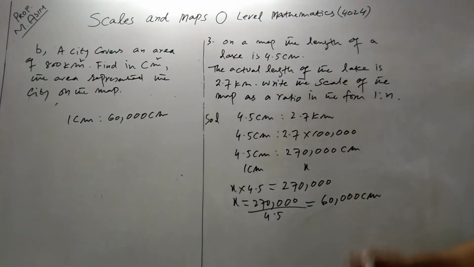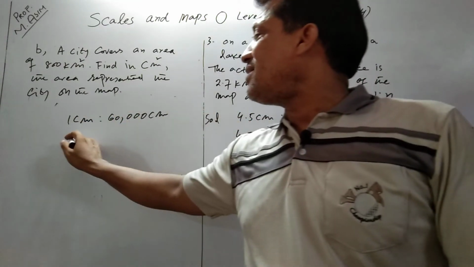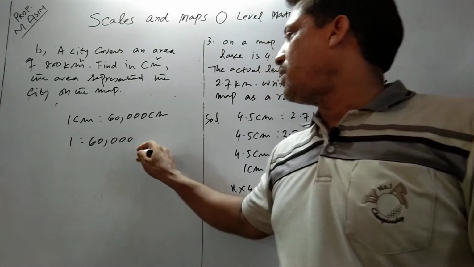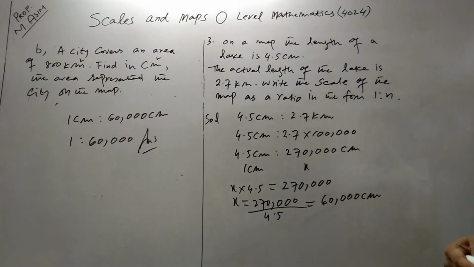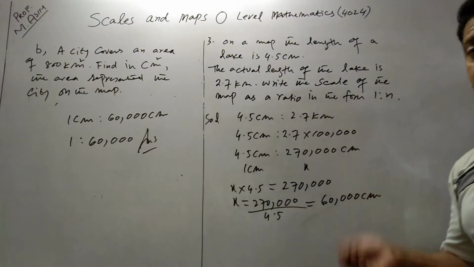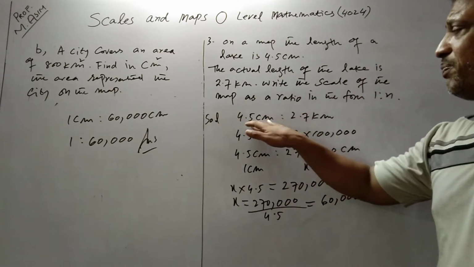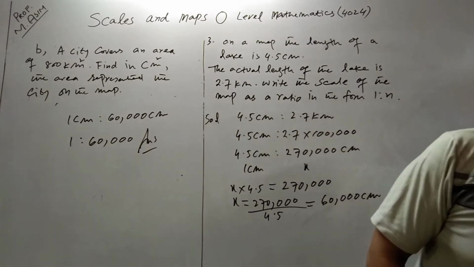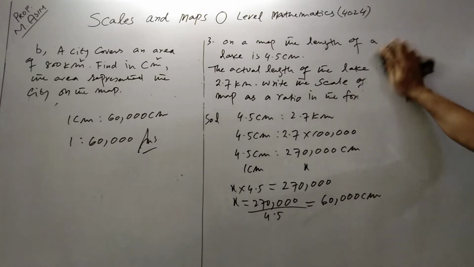Just cancel centimeter by centimeter and write the answer in the form 1:60,000. This is our answer. So in order to write the scale in 1:n form, the first step is always to convert both sides into centimeter. I hope you understand this part. Very easy and very important part.